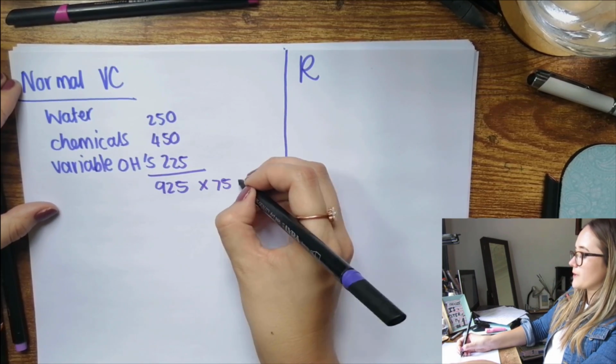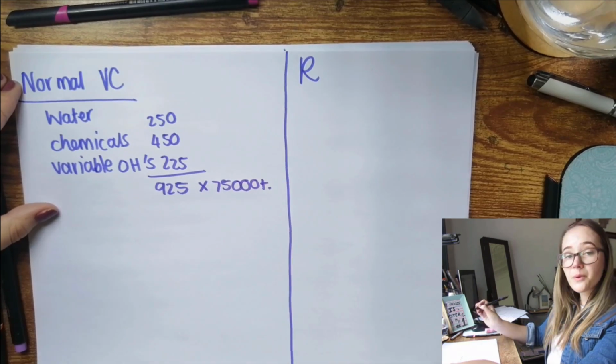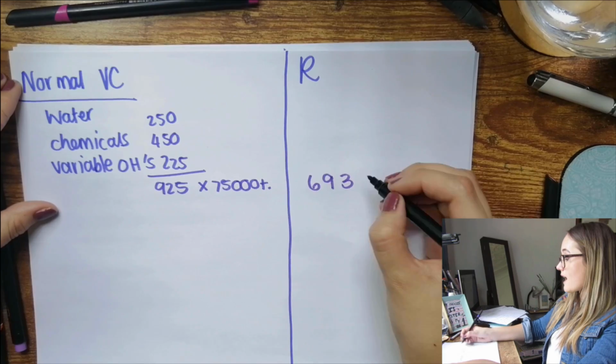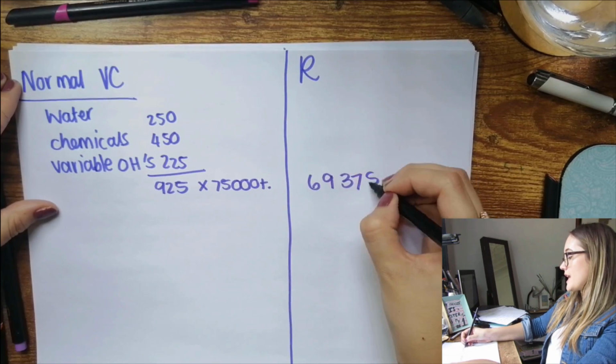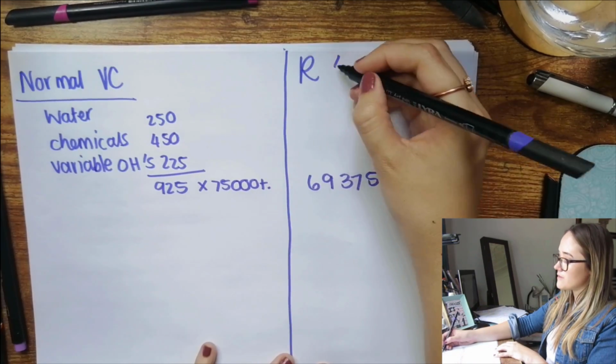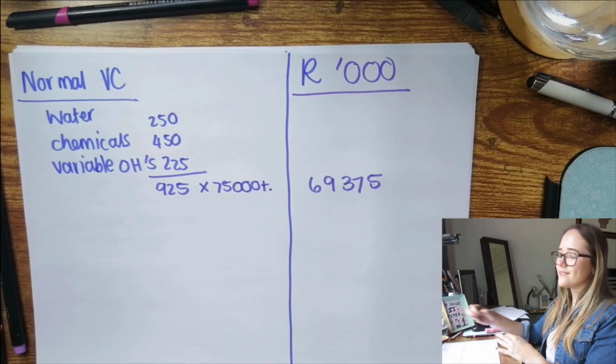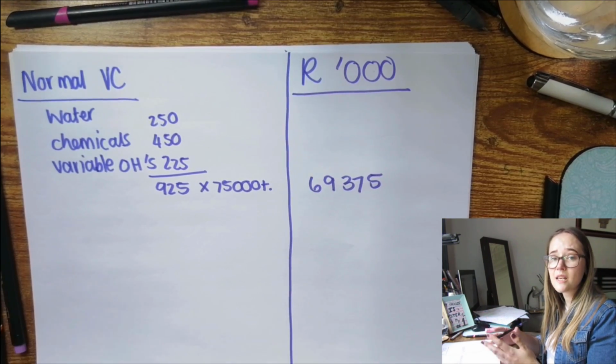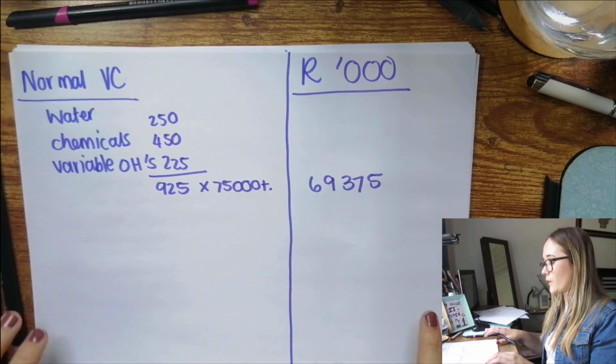We multiplied with the 75,000 tons that we are selling, and that then gives us a cost of 69,375. Okay, I'm doing this in rand per millions. They gave you most of the numbers in millions, so let's just use that going on.